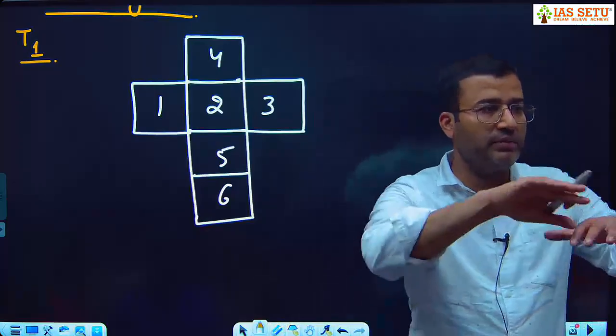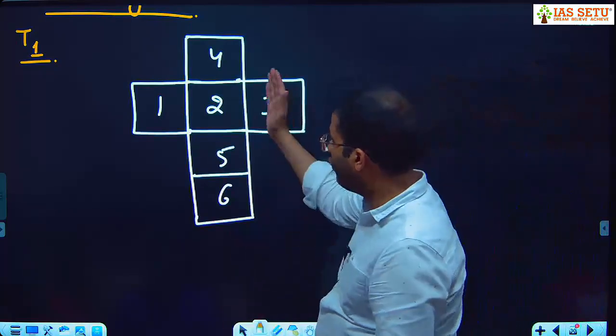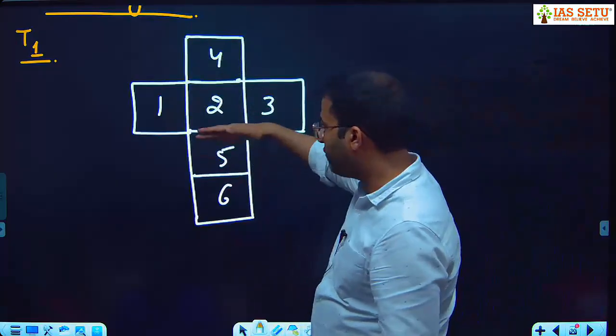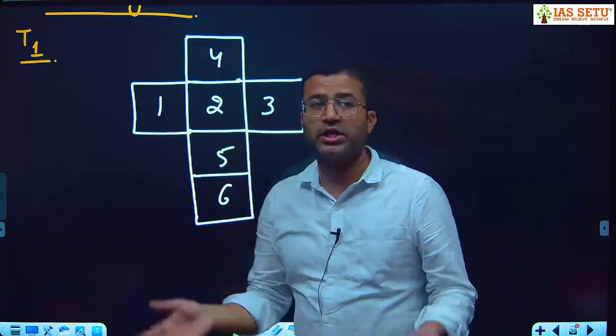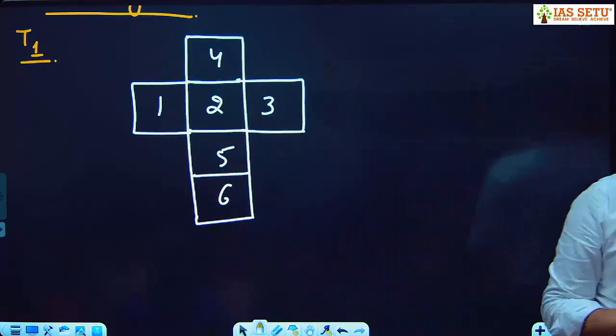Like a sweet box is made by folding. So if you fold it, like if you fold 3 on the right side, 1 on the left side, 4 on the top, 5 at the bottom, over that 6. If we fold it, it becomes a box, it becomes a dice.